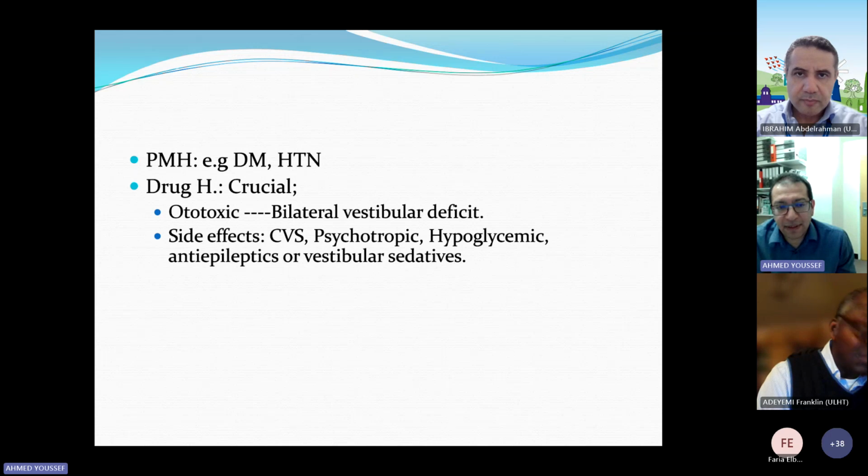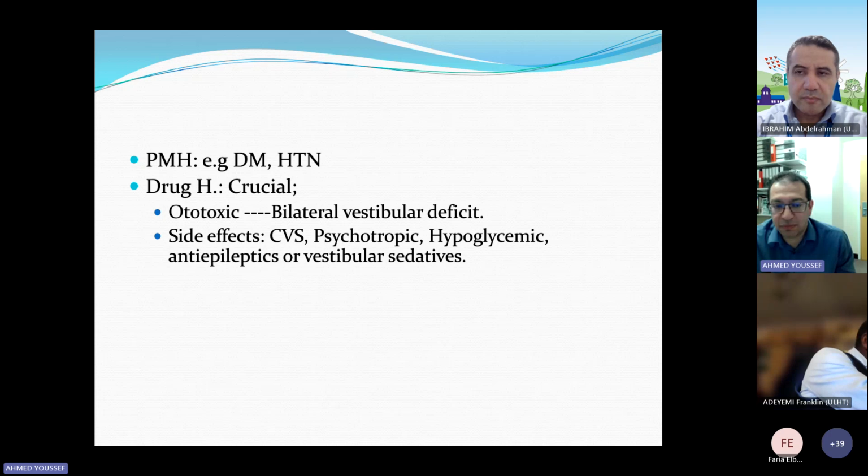And I have to say that unless there is an obvious temporal relationship between the dizziness and the start of the medication, it would be slightly tricky and difficult to diagnose a drug-induced dizziness. And sometimes I ask the GP to temporarily stop the medications that can be stopped.